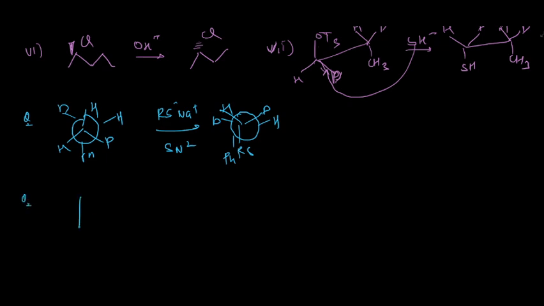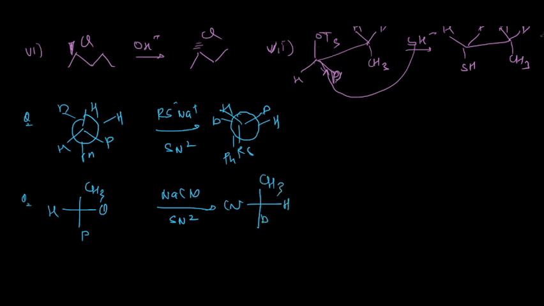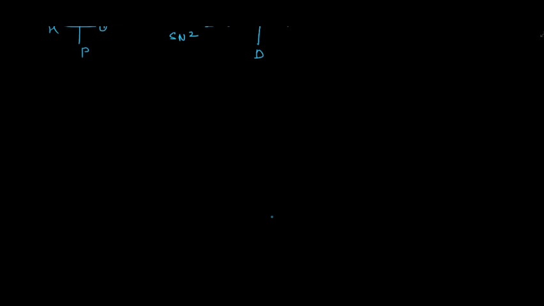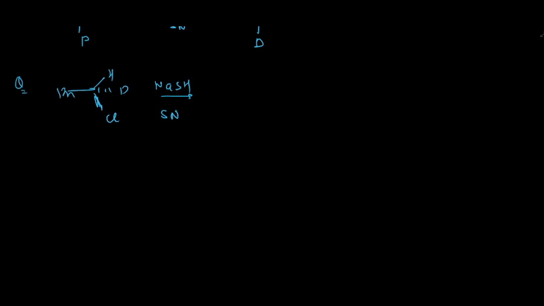Next question, we have hydrogen, chlorine, CH3, D, reacting with NaCN, showing an SN2 reaction, giving CN, H, CH3 and D. Next question, we have Ph, H, D and Cl reacting with NaSH, showing an SN2 reaction, giving Ph, C, H, SH and D plus Cl minus.